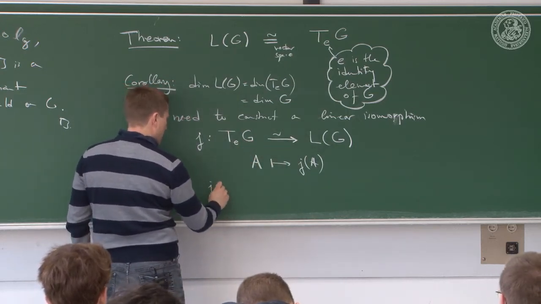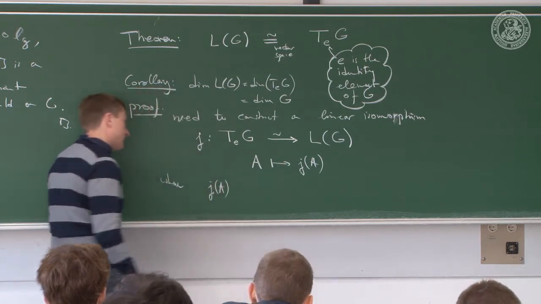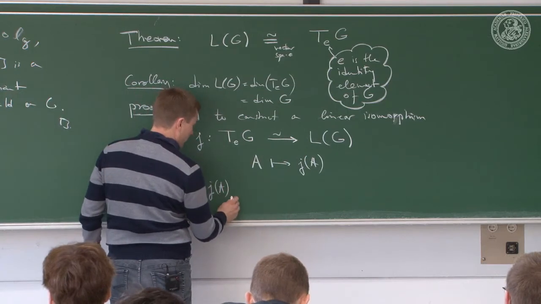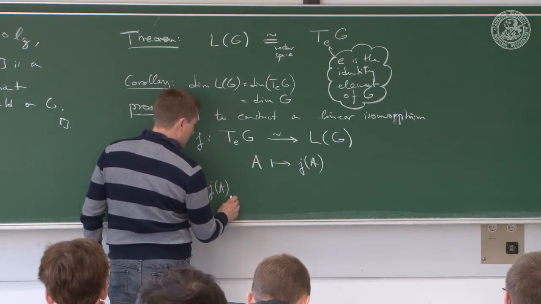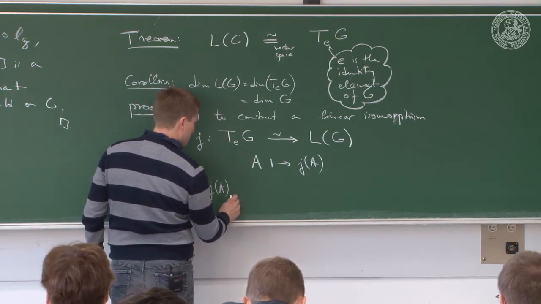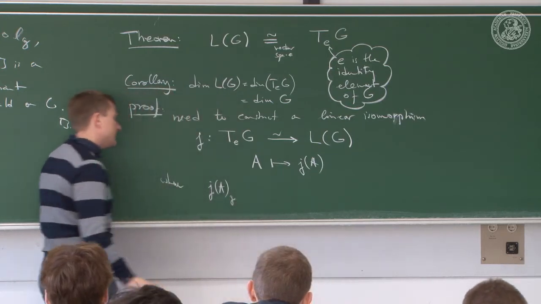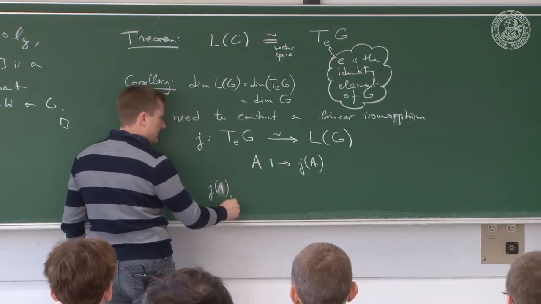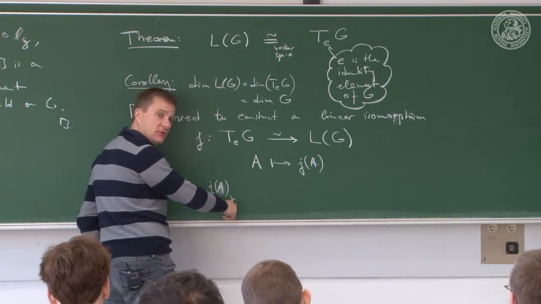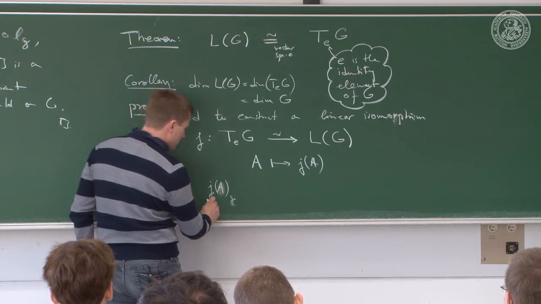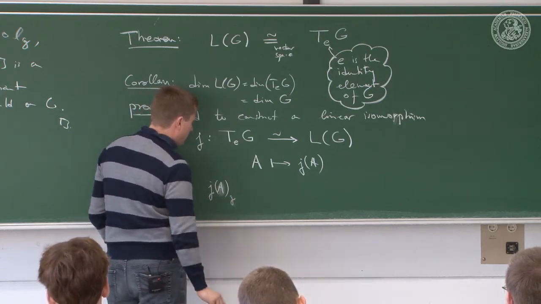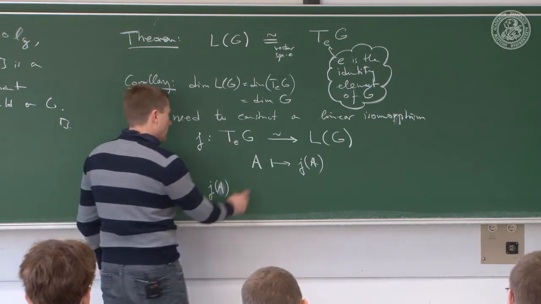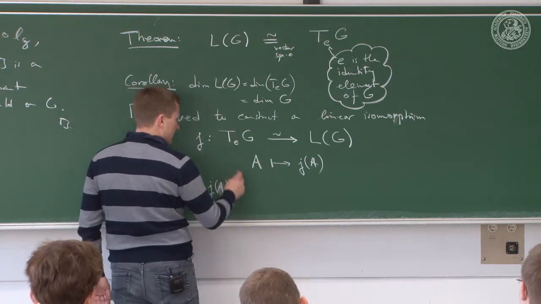Well, J of A is a left invariant vector field. It's a vector field in particular, so I can define it at the position G, and then it's a vector, right? So if I have a vector field and I evaluate it at a point, that's the notation we always used, then this is an element of the tangent space at G, right? How do I construct this from an element in the tangent space at E?